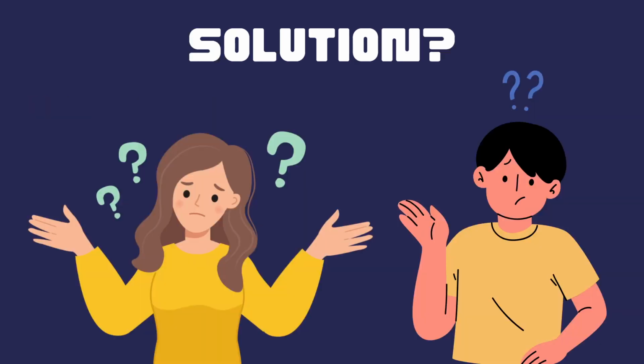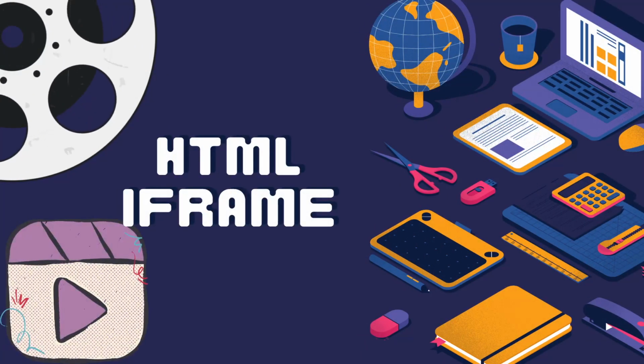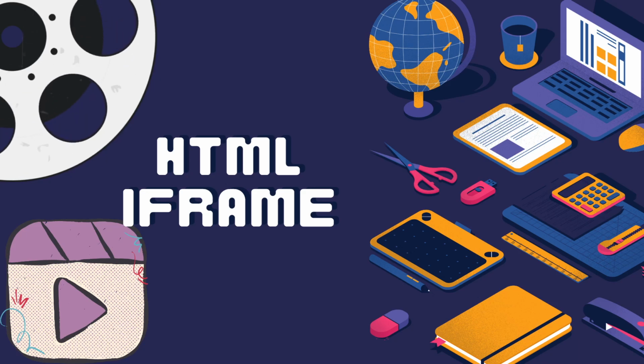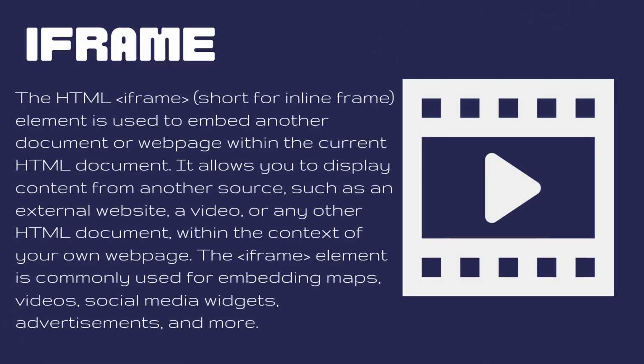So what is the solution? So what is the easy way out? We can use HTML iframe. So when we say HTML iframe, it's short for inline frame. So what it does is that it allows us to embed another element or another document from a different web page or a different website, then add it to our own.